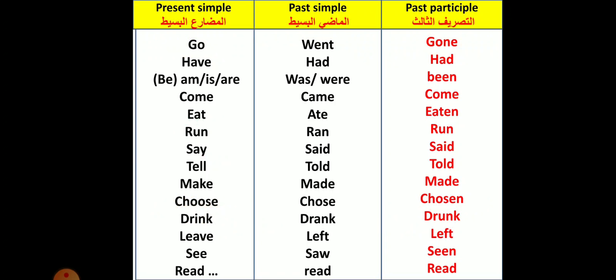Verb to be in the simple present, is or are. In the past simple, was or were. In the past participle, been. Okay? Come, came, come. Eat, ate, eaten. Run, ran, run. Say, said, said.